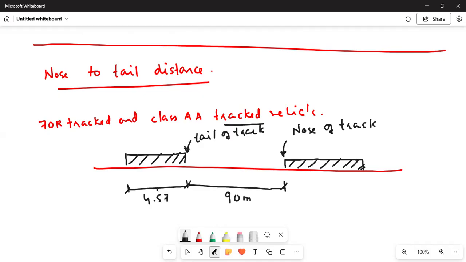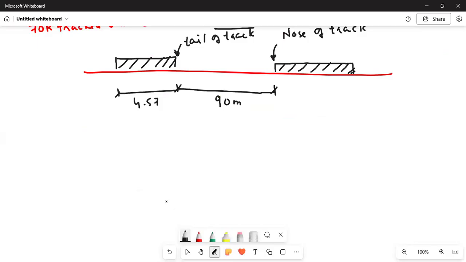So this is what we have learned, nose to tail distance. In case of wheeled vehicles, 70R wheeled vehicle and class AA wheeled vehicle, this distance is different.